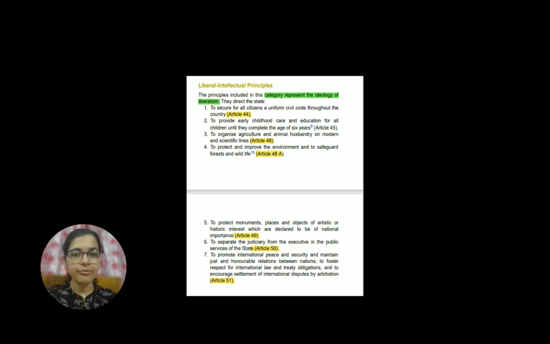And if we can implement the uniform civil code, then we can also enforce one of the principles of DPSP. Article 45 provides early childhood care. Article 48A protects and improves the environment and safeguards forest and wildlife. Article 49 protects monuments. Article 50 separates the judiciary from the executive, and Article 51 promotes international peace and security.